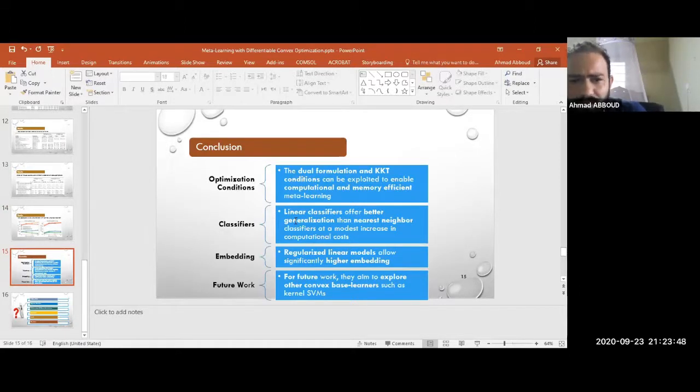Second, the classifier point: the linear classifier offers better generalization than nearest neighbor, and we see that in the results, at a modest increase in computational cost. Third, on the embedding, the regularized linear model allows significantly higher-dimensional embedding. We see that also. For future work, they talk about exploring other convex-based learners such as kernel SVM.